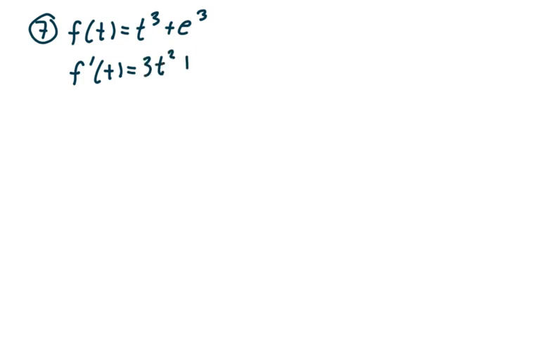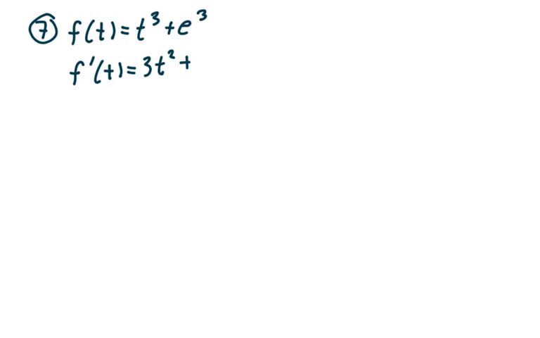So f of t is t cubed plus e cubed. f prime of t is 3t squared plus, be very careful here, it's deceptive, because the derivative of e is 0, because e is constant.